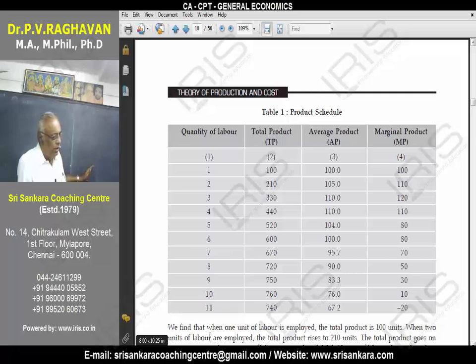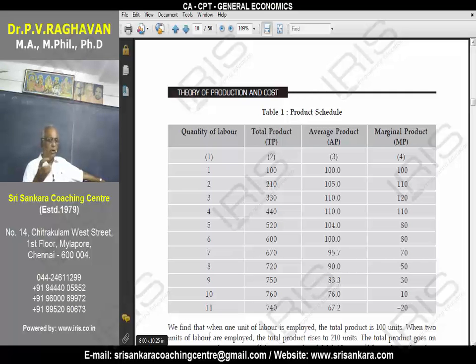Now explanation. Look at 1, 2, 3. First worker 100 kgs, second worker 110, third worker 120. So what is happening to marginal product? Increasing. It is called IR. So what is increasing return? Marginal product increases. Don't talk about total product.